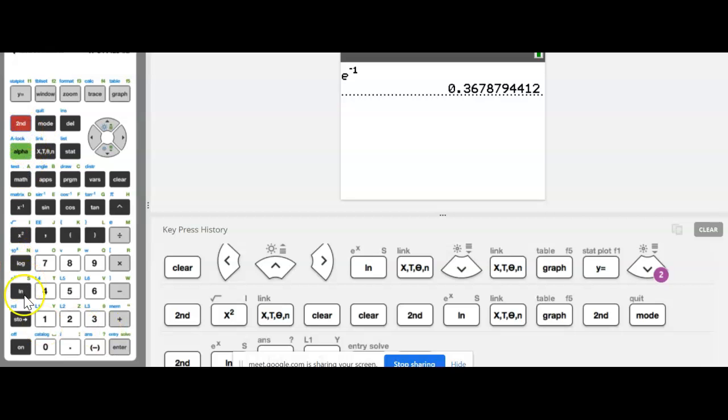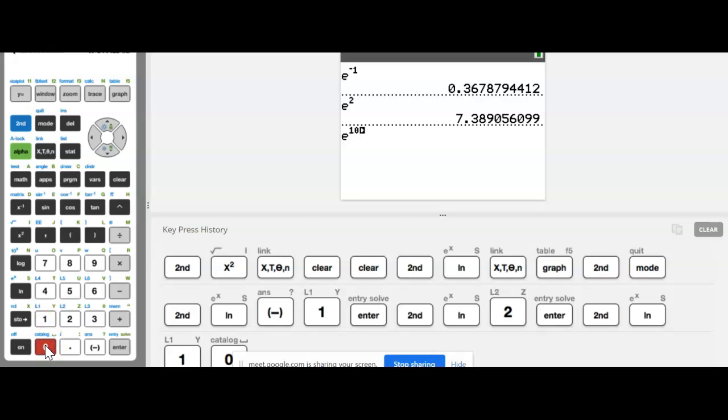If we do the next one, it's e squared, right? So kind of big, right? 7, not too bad. Now, just going to 10, so not a big number whatsoever. This is just a base of 2.7 getting raised to a power of 10, and we are already at 22,000 plus.